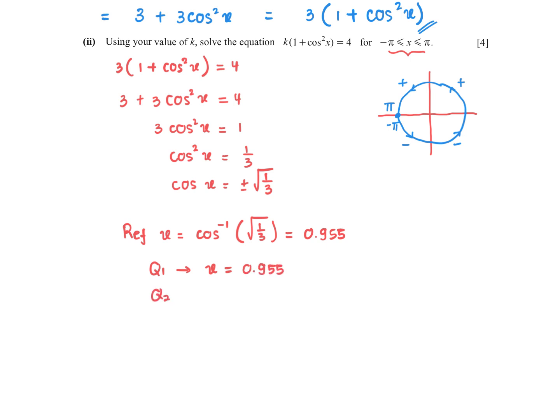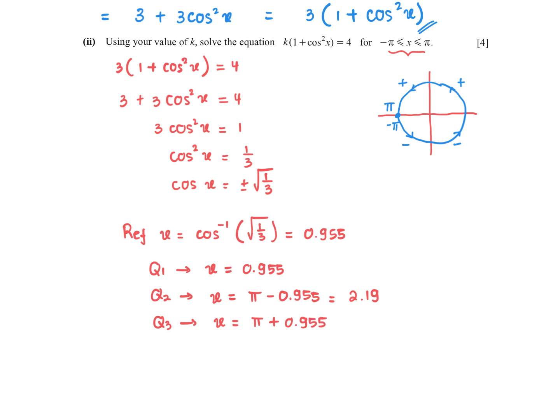In quadrant 2, x is pi minus 0.955, which is equal to 2.19. In quadrant 3, the angle x is pi plus 0.955.